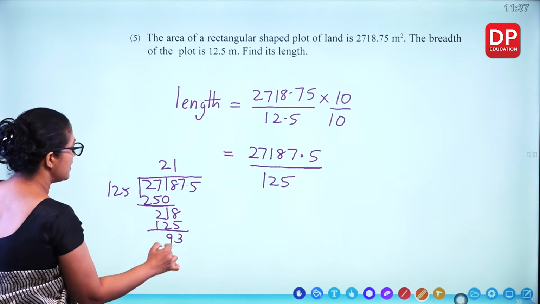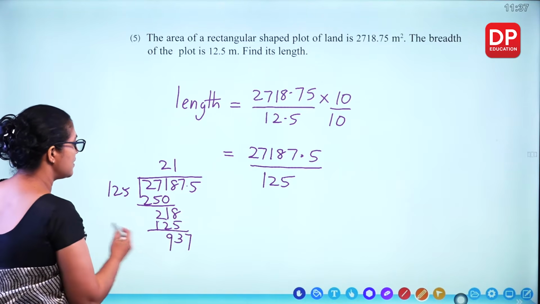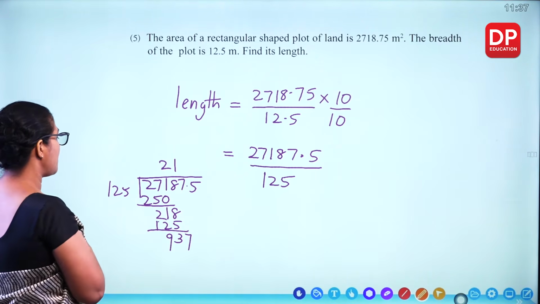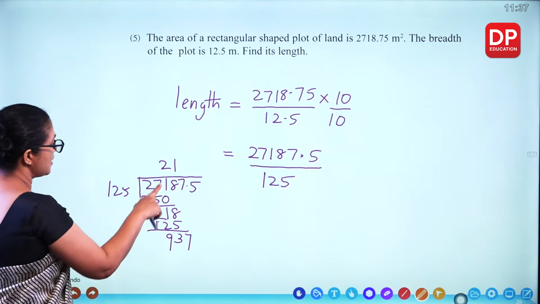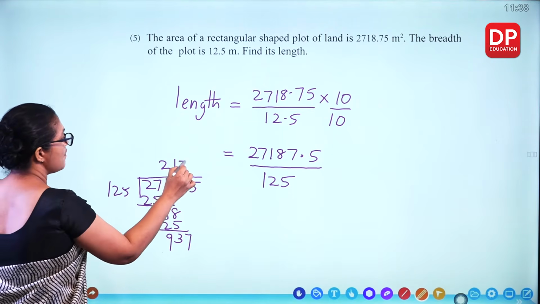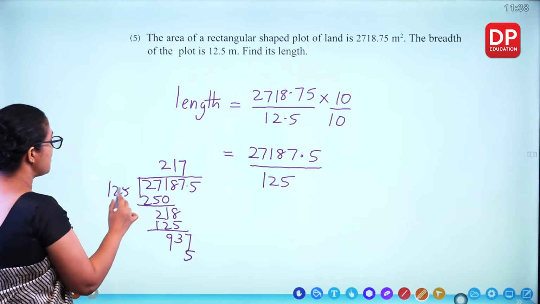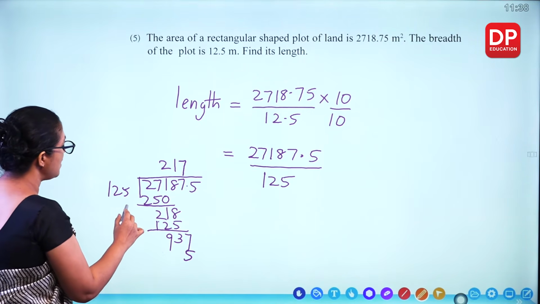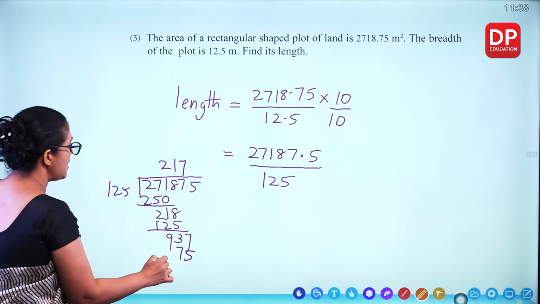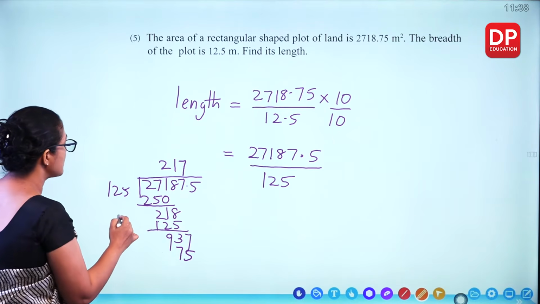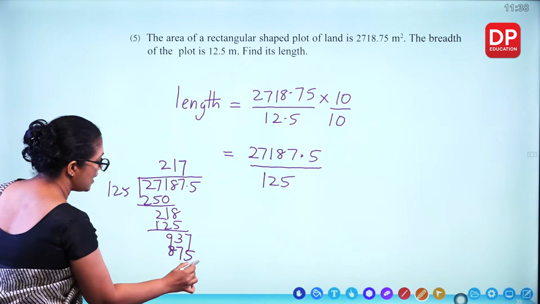So 93. Now take 7, 937. Now we'll take this one by 7. 7 times 5, 35, 3. 7 times 2, 14 plus 3, 17, 1 remaining. 7 times 1, 7 plus 1, 8.